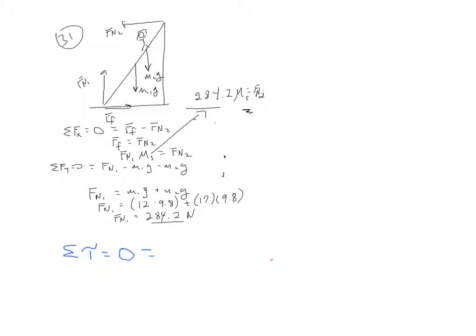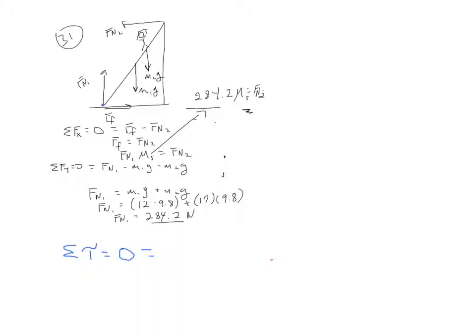So we need to deal with the torque end of this. Net torque equals 0, and to define torques, you're going to have an axis of rotation that you decide on. I'm going to pick right here as the axis of rotation, and the reason is that it takes FF and Fn1 out of the picture as torques because they have no lever arm. That means M1G, M2G, and Fn2 are my torques.